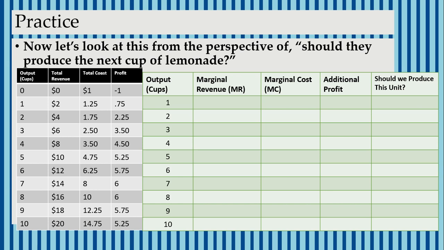Now let's go through and find our marginal revenue, our marginal cost, additional profit, which is basically marginal profit, and then determine if we should produce that unit. As long as the marginal revenue is greater than the marginal cost, then we should continue to produce. Okay, so we're going to find that point where the answer becomes no. Okay, let's do that. And you can talk to each other, that's fine.